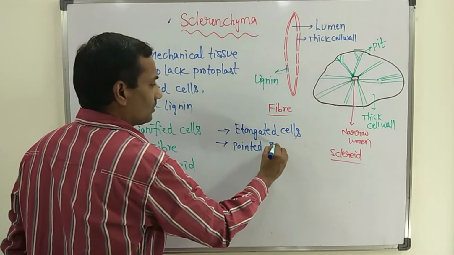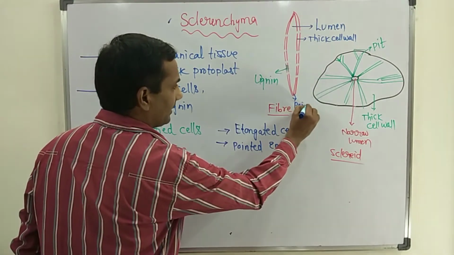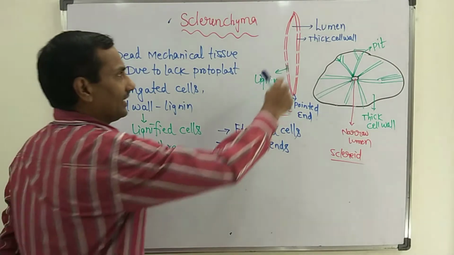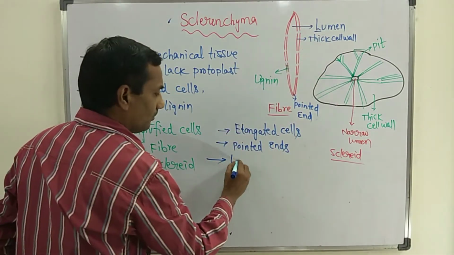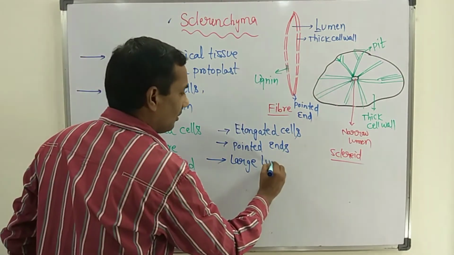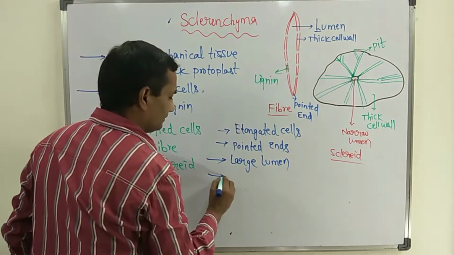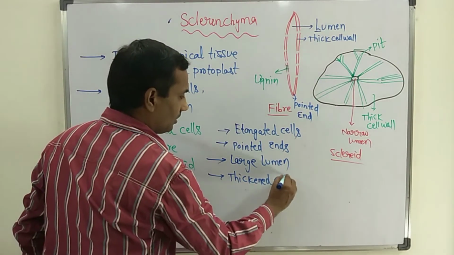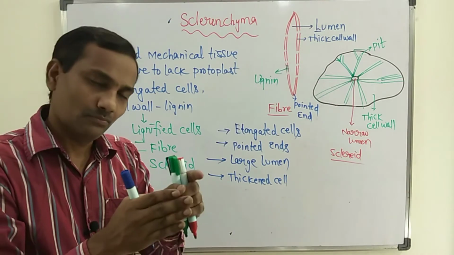Each and every fiber consists of an internal empty space called lumen. The important point about fiber is that it has a large lumen. The cell wall is thickened, and you can also find lignin there, but the thickness is more.